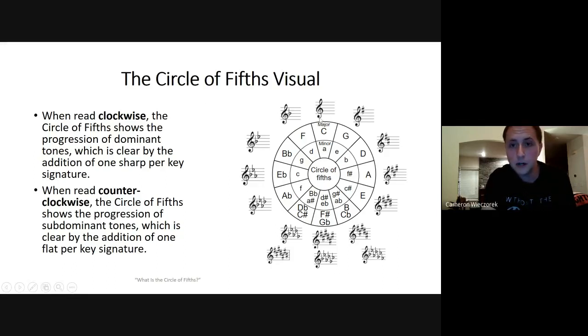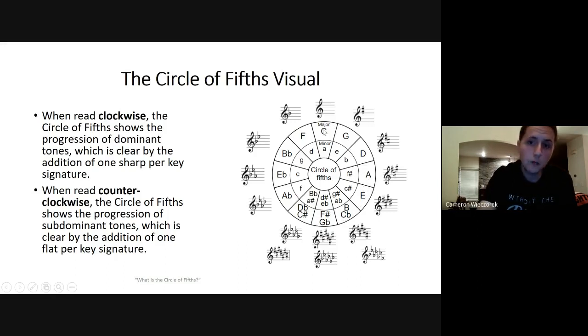But looking at this, start at the top. I usually start at the 12 o'clock position here. There's C major, no sharps or flats in the key signature. If I go around this circle clockwise, notice that I'm going from tonic note to dominant tone. I gained a sharp. Let's say G is the new tonic. I go up another 7 semitones to D. I gain another sharp. So when you go clockwise around the circle, you're gaining sharps. You're going up to dominant tones.